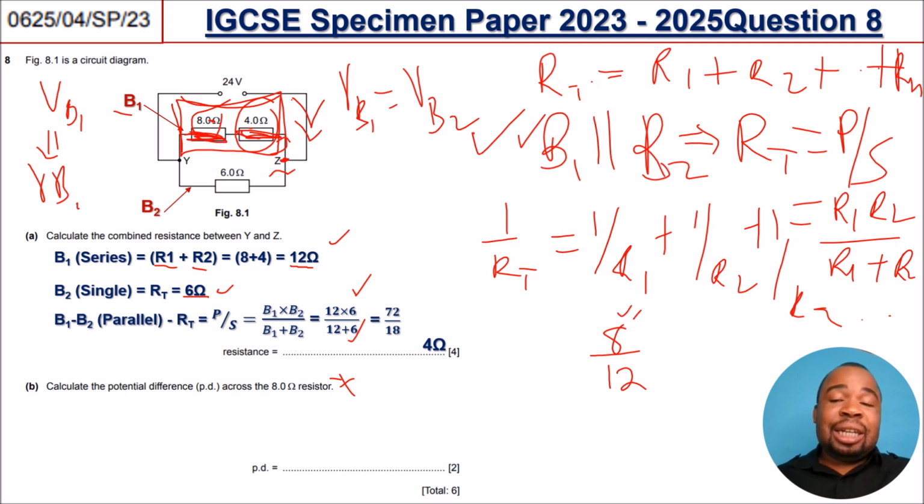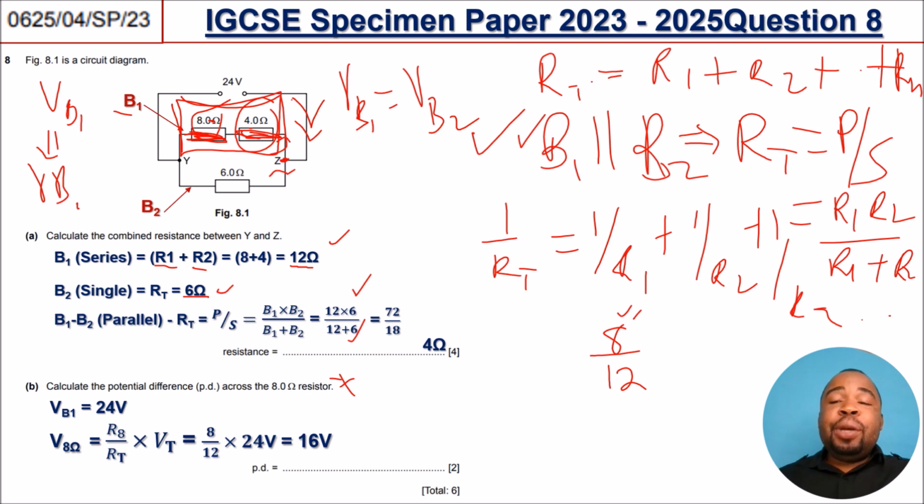The greater the resistance, the greater the voltage across that component. So the 24 volts across branch 1, since it takes the voltage of the source, will be divided in such a way that the 8 ohm resistor will take a bigger portion, which is 8 of the 12. Because if we say 8 plus 4 in that branch, we are getting 12. So 8 of the 12 portions will be allocated for the 8 ohm resistor.